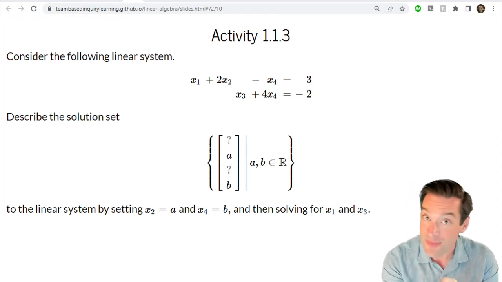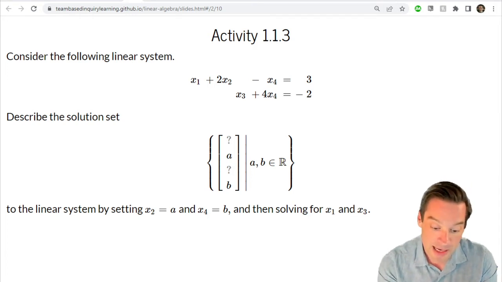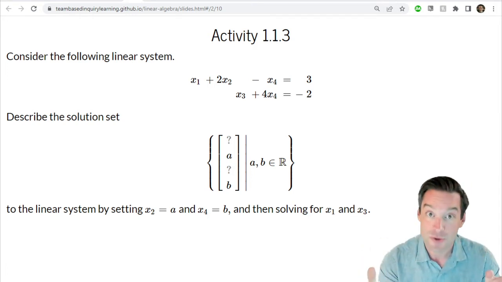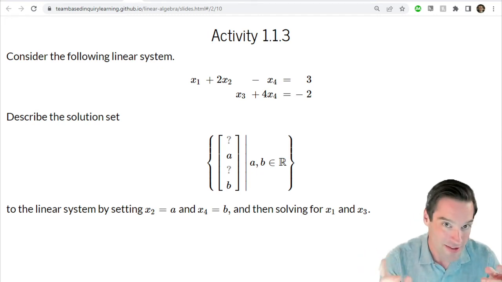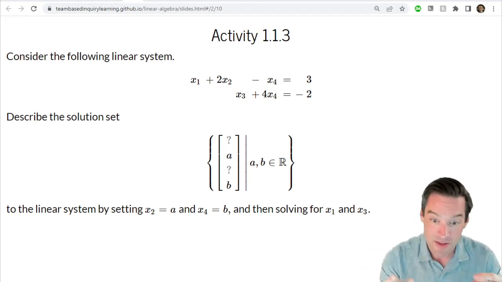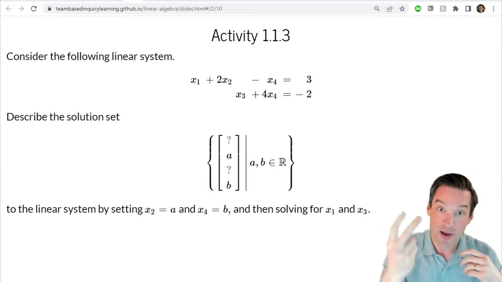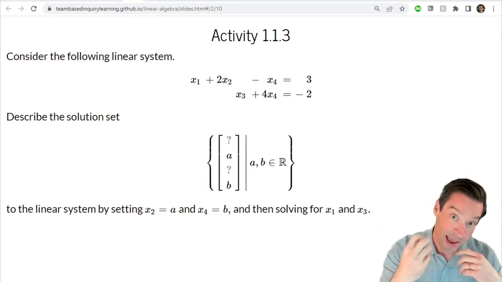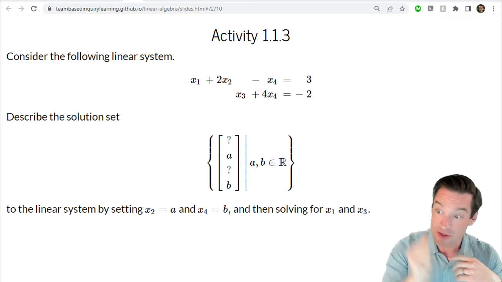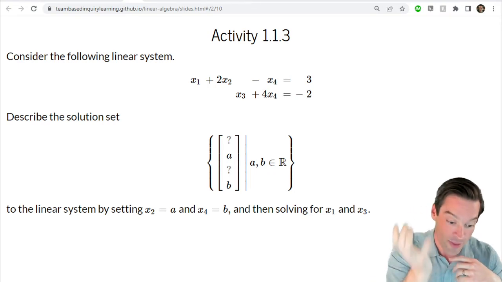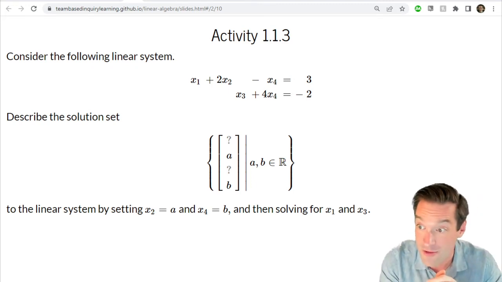And if I can do that, then I can describe all the points in this solution set through what I called earlier today in multivariable calculus a vector-valued function. Basically, a function that takes 2 parameters, a and b, as input, and as output it produces for me a vector in 4 dimensions, so this 4-component vector, and those vectors are the solutions of this equation.